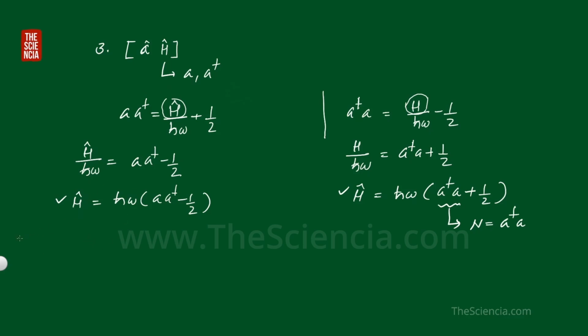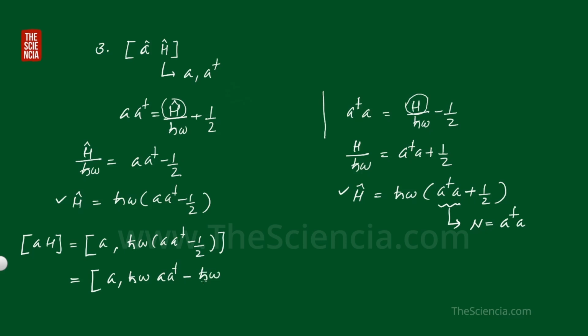Suppose I am using the first equation, that is, commutator A, H is equal to A comma H cross omega into A A dagger minus half. I can expand this commutator: A comma H cross omega A A dagger minus H cross omega by 2.